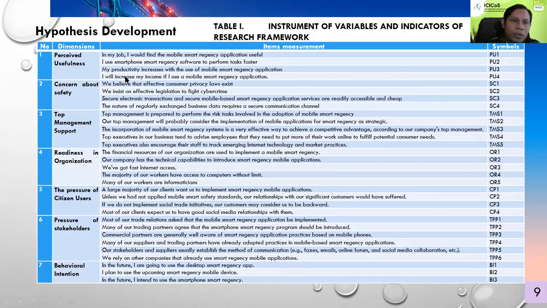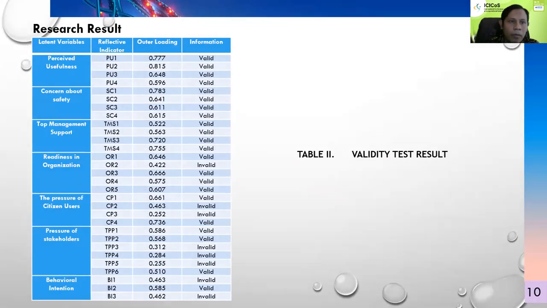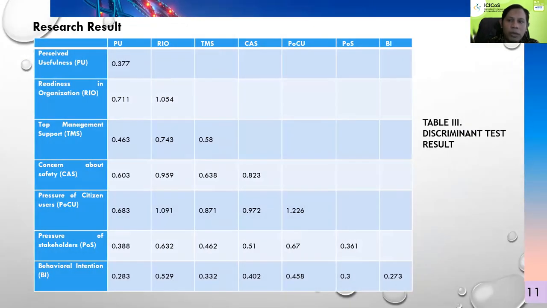This is our hypothesis development, instrument of variable and indicators of our research framework. This is a validity test result of all variable and indicator in our research. Okay, this is a discriminant test result.